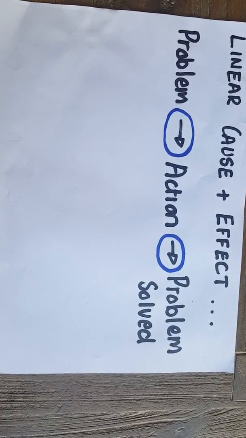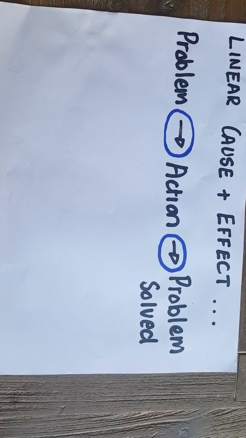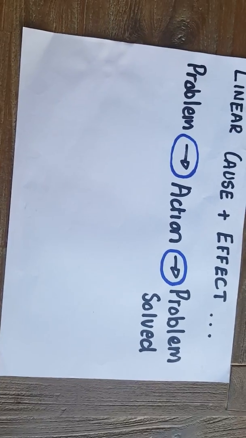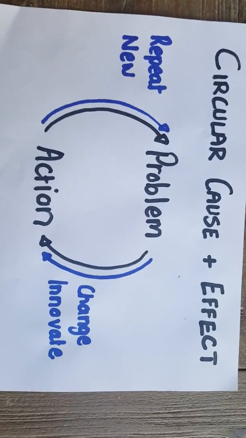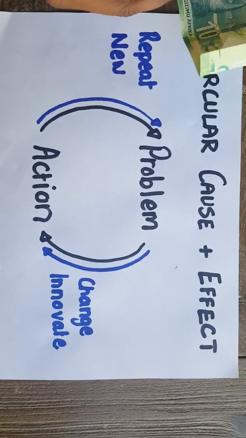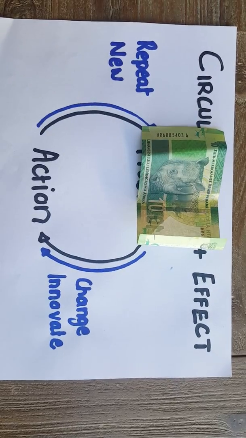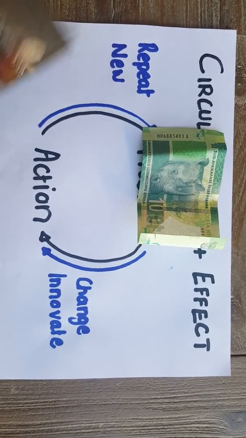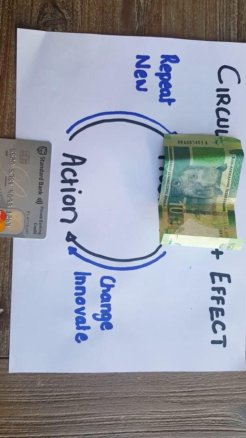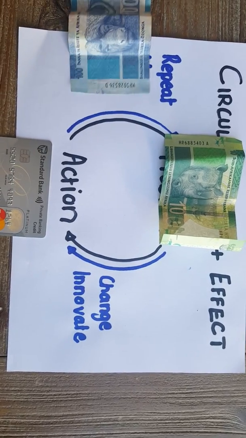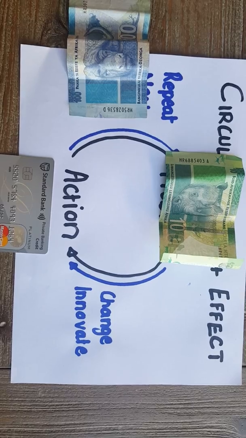What the causal loop diagram helps you look at is if you looked at the same problem in a circular manner, you would see that yes, you can start off with insufficient money monthly. You can take action by using a credit card, and you might have the result of more money.